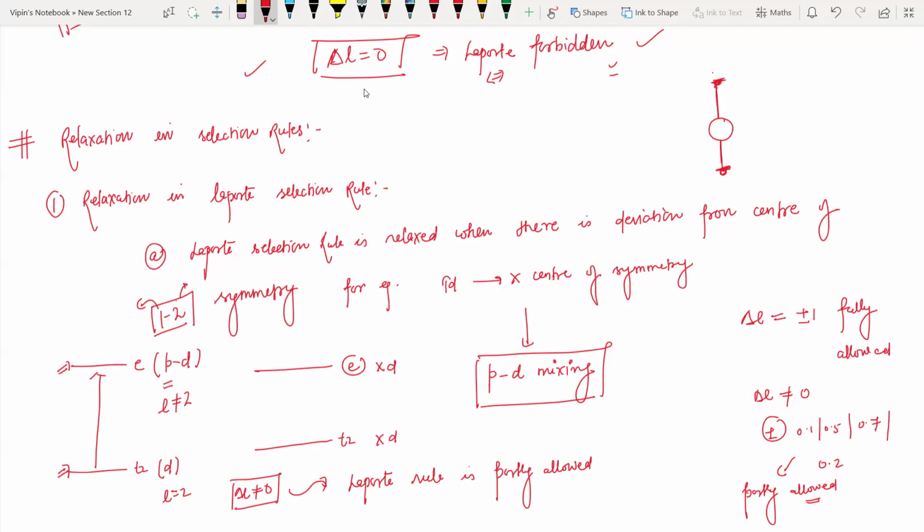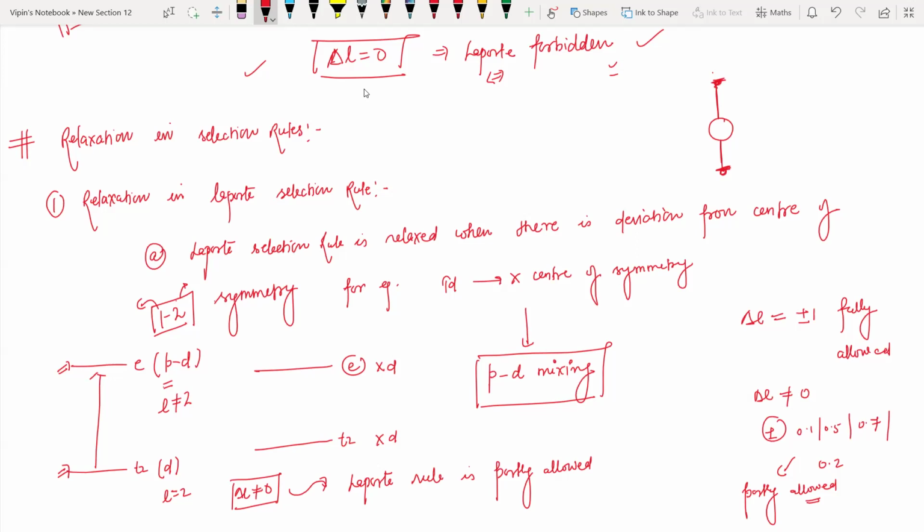So in any complex or in any system, when there is deviation from the center of symmetry, then there is possibility of mixing of atomic orbitals that leads to the loss of the pure nature of the d orbital. We can say that the purity of the d orbital is diminished, or that there is character of a different kind of orbital in given energy levels.